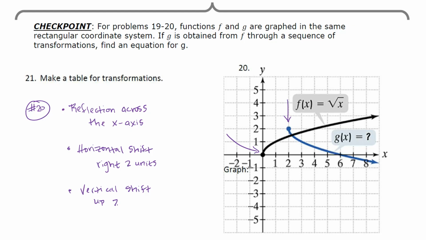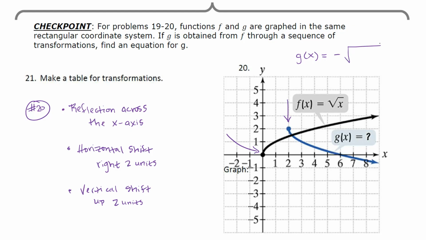So that means we're going to have 2 values in our equation that apply to both of these shifts. So let's find g of x. Okay. So we know that there's going to be a reflection across the x-axis. So there's going to be a negative on the outside of my parent function.